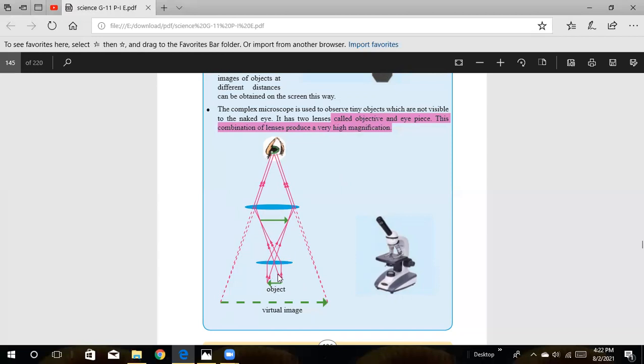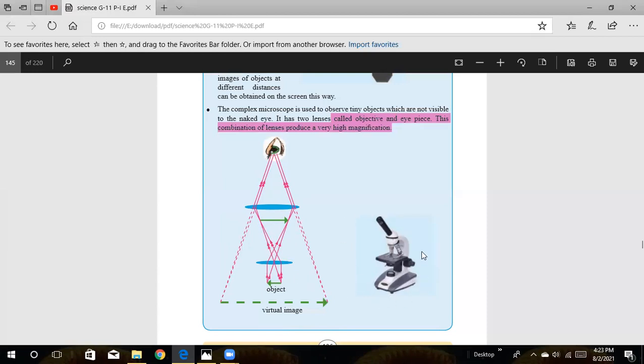Here the object and light rays come from the object and refract here, again go through the other convex lens, and the light rays go to the eye. Then it is magnified one time, again two times here. This is a virtual image, right?